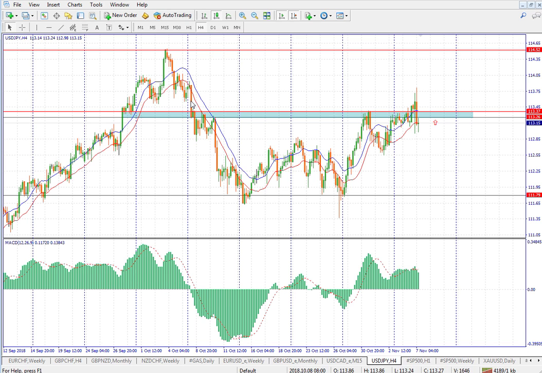Price went down, came back to the same place, went down, came back to the same place, again and again, and then there is this break above and then another break below.